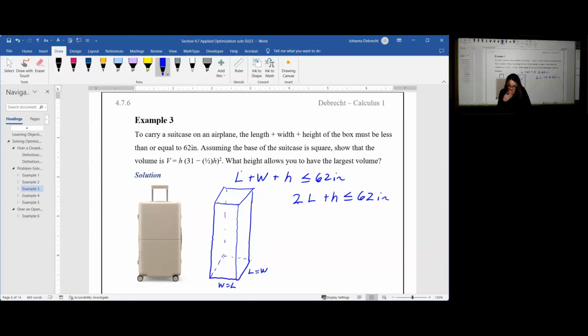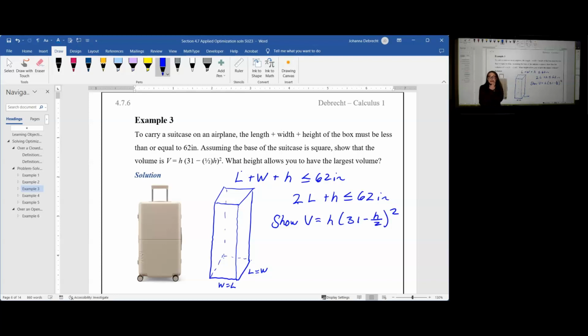Okay, I got that. Back to the words. Show that the volume, okay, is this formula. Show V equals the height times 31 minus the height divided by 2, all squared.